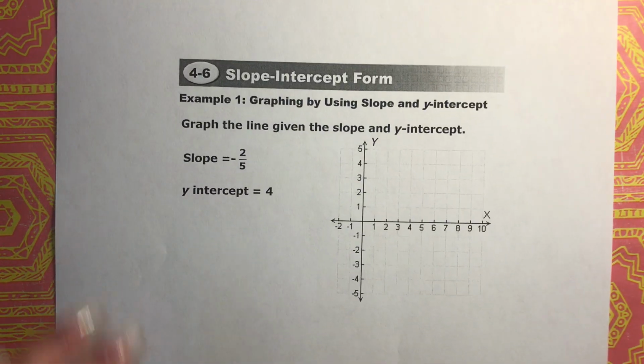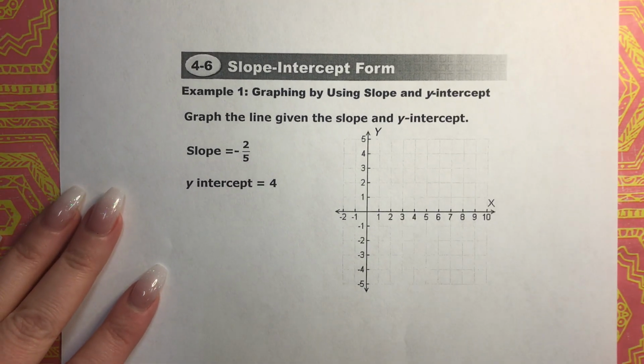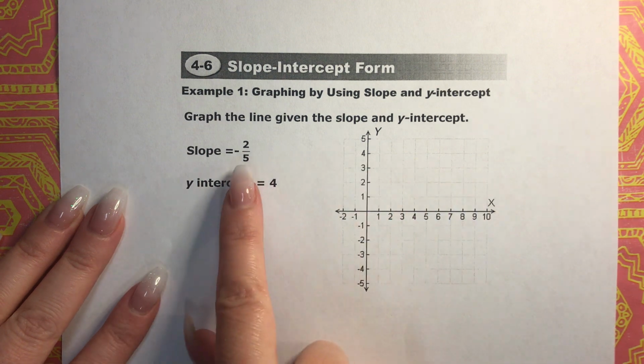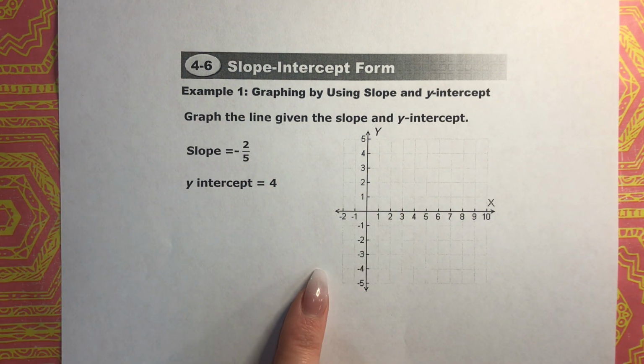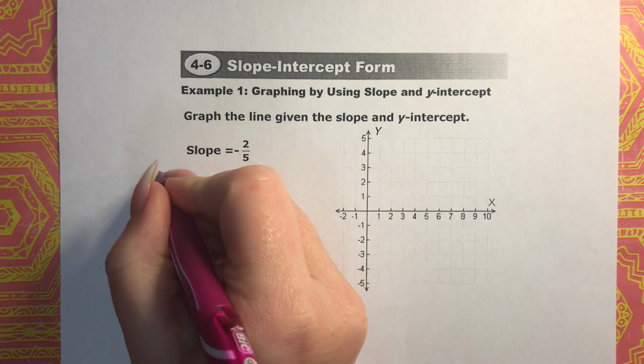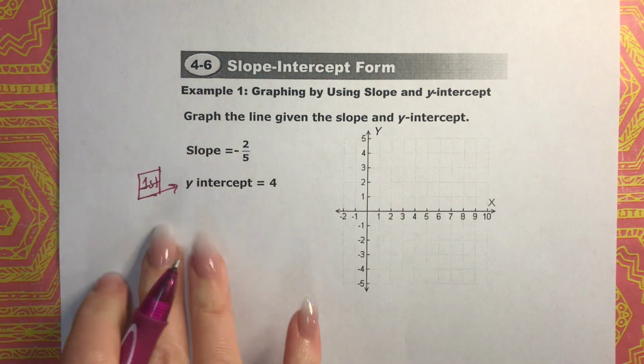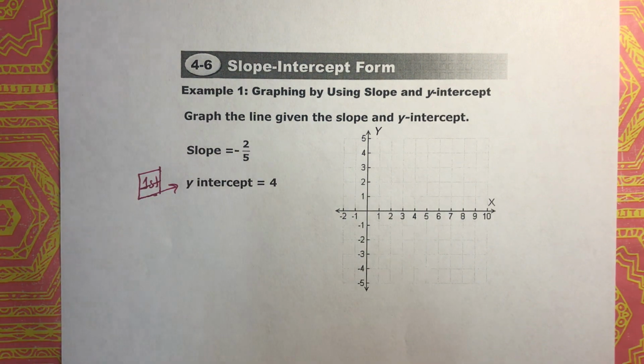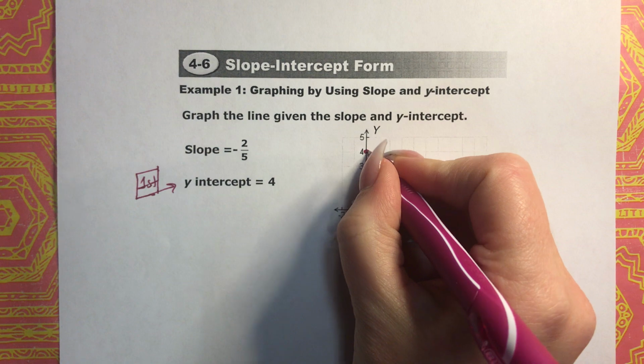So let's go ahead and look at it. With this example 1, we're going to graph a line given the slope and the y-intercept. So what you have to know is first, you always graph the y-intercept first, okay? So that's important. You graph that first. After you graph the y-intercept, so the y-intercept is 4, and you just graph a point.